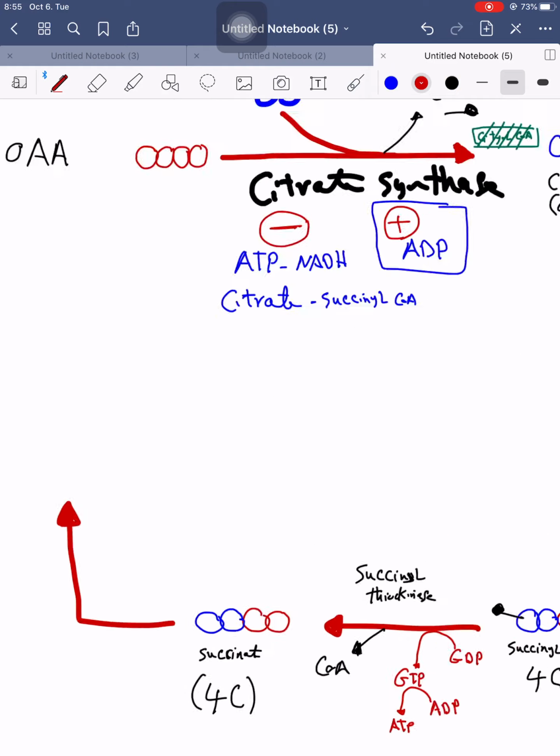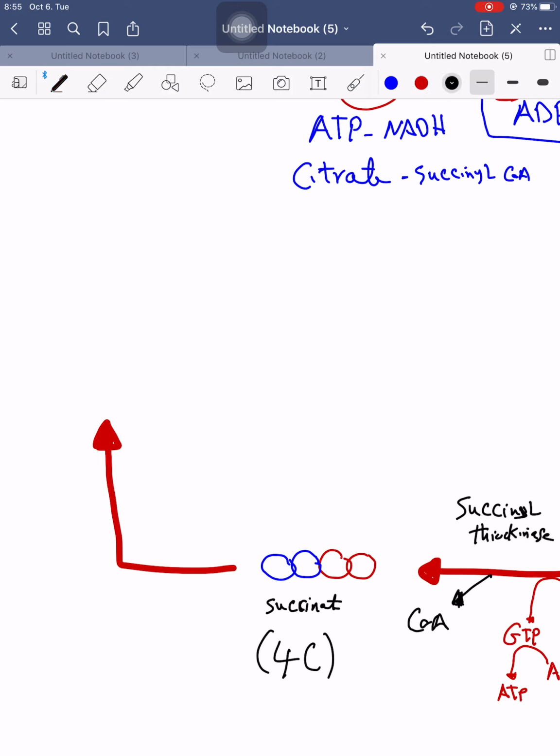Succinate is dehydrogenated, with 4 carbon, to form one molecule called fumarate. I'm not using NAD, I'm using another coenzyme called FAD. That FAD is reduced to FADH2.